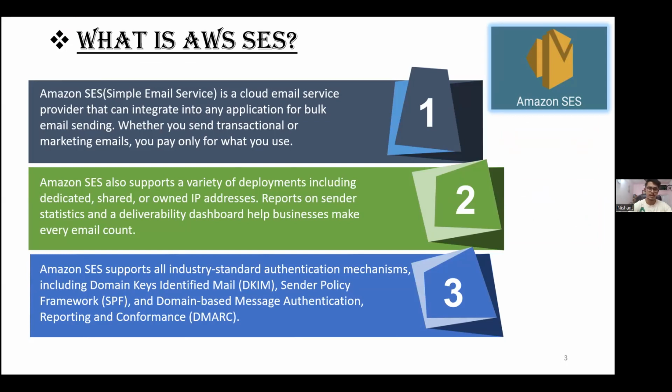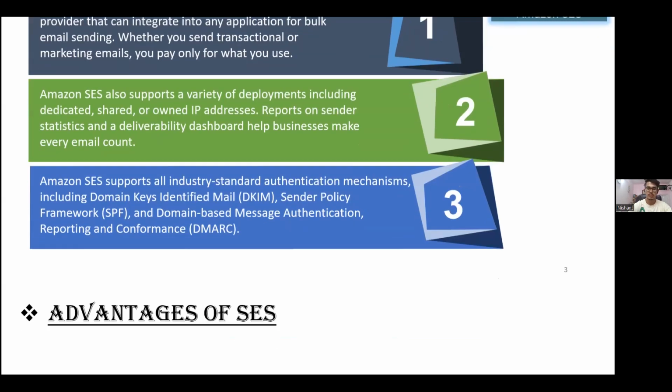Reports on sender statistics and the deliverability dashboard help make the business grow. As each email counts for the business, Amazon SES supports all industry authentication mechanisms. Here is the list of various mechanisms, which are DKIM, SPF, and DMARC.